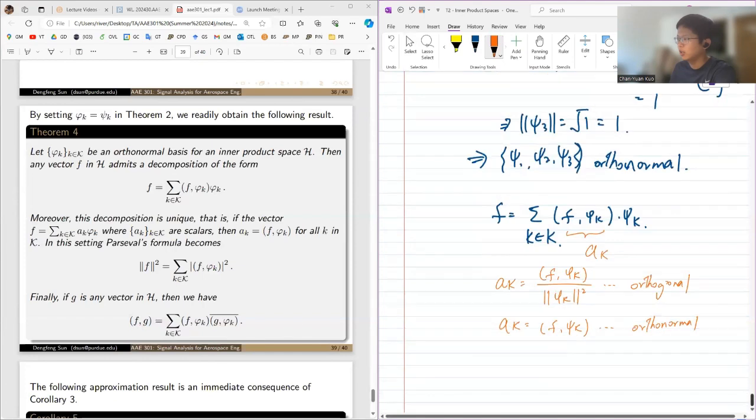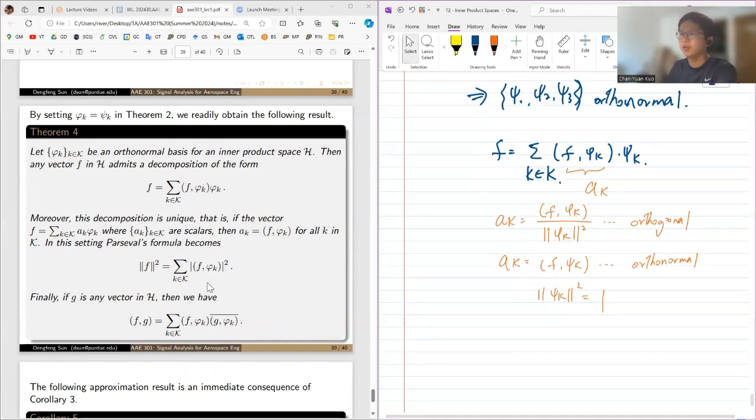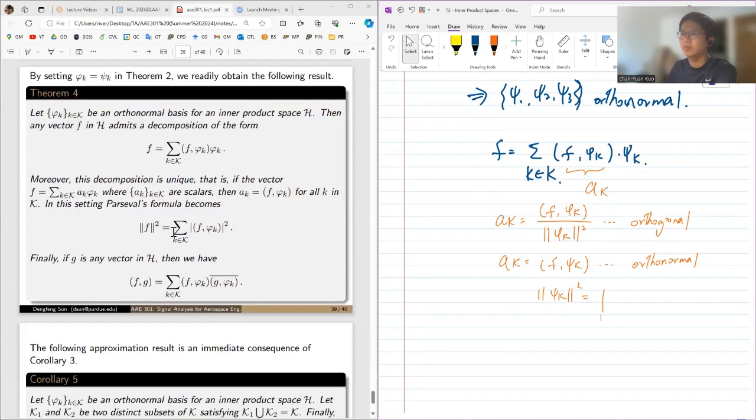You see that the difference is that when the basis is orthonormal, we don't have to divide the inner product by the square norm of vk, and that's because the square norm of vk in this case is just 1, so we don't have to care about that.